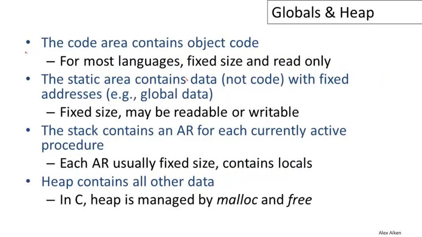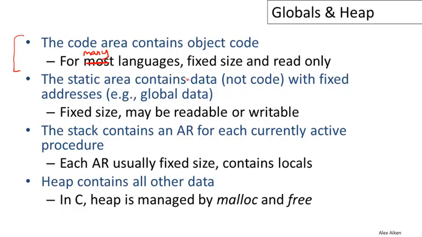At this point, we can summarize the different kinds of data that a language implementation has to deal with. First, there is the code. And in many languages, the code is a fixed size and read-only. That means that the compiler creates all the code that will be used in the execution of the program, and that can be allocated once.